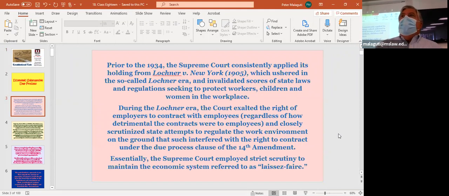We have two eras, and arguably we might be entering a third era in regard to economic due process. What we have is the so-called Lochner era, based on the case of Lochner versus New York, a 1905 case, decided right in the middle of the laissez-faire economic movement.